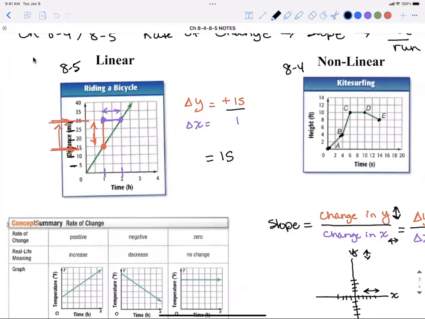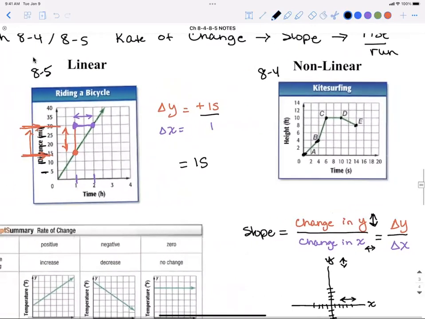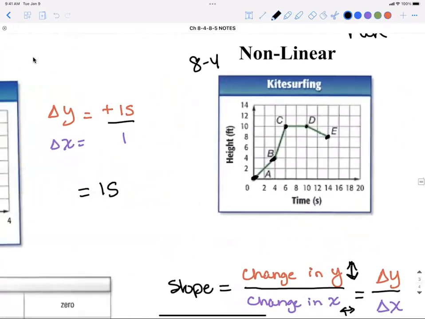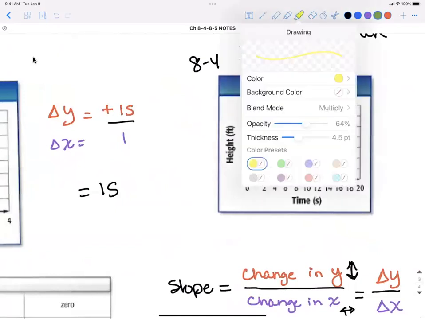Now for the example here for 8.4, we can't figure out a rate of change for the entire graph all at once, like we could on the linear one, because we have different segments. So if we want to look at just the rate of change, let's use a highlighter here.